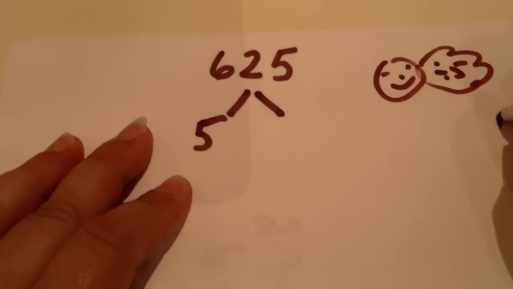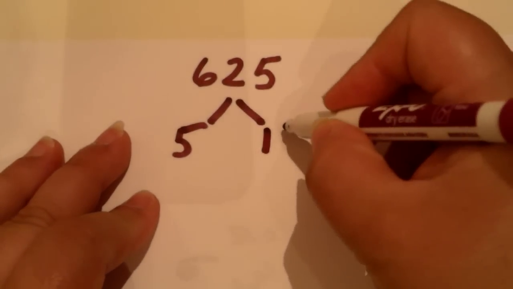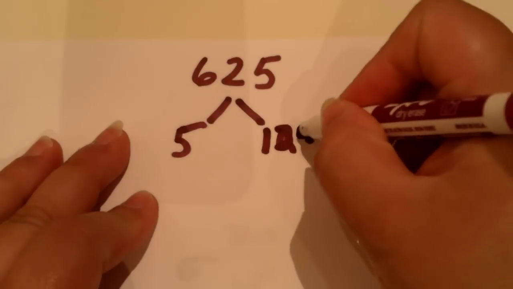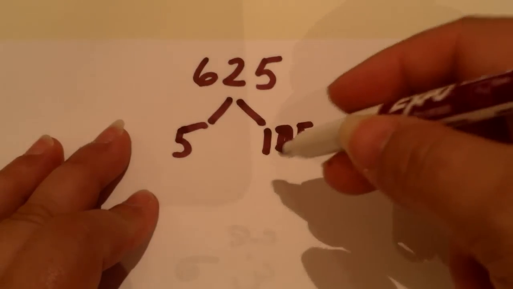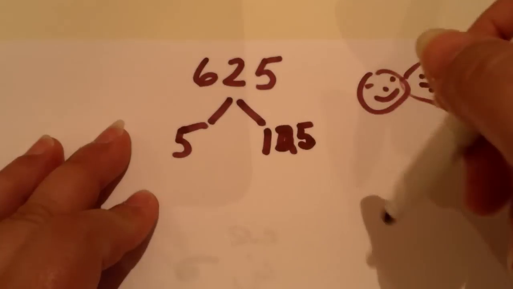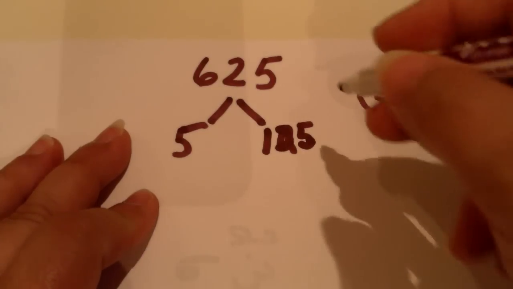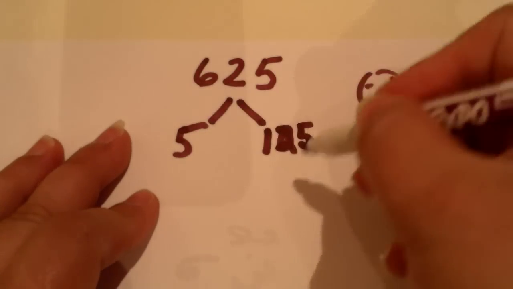You can actually do the division and figure it out. I think it should be 125. I know that doesn't look too neat, but it should be 125. 5 times 125. It's called a factor tree because it sort of branches out.